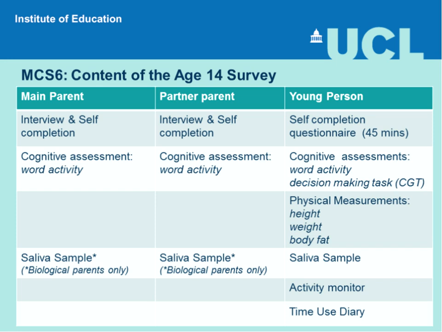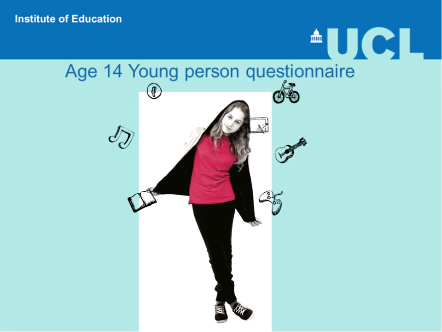And in addition, we're asking the young person to wear an activity monitor for 2 days after the home visit, and also on those same days to complete a time use diary. And this will be one randomly selected weekday and one weekend day. So we're really supplementing the data that we're collecting at age 14.